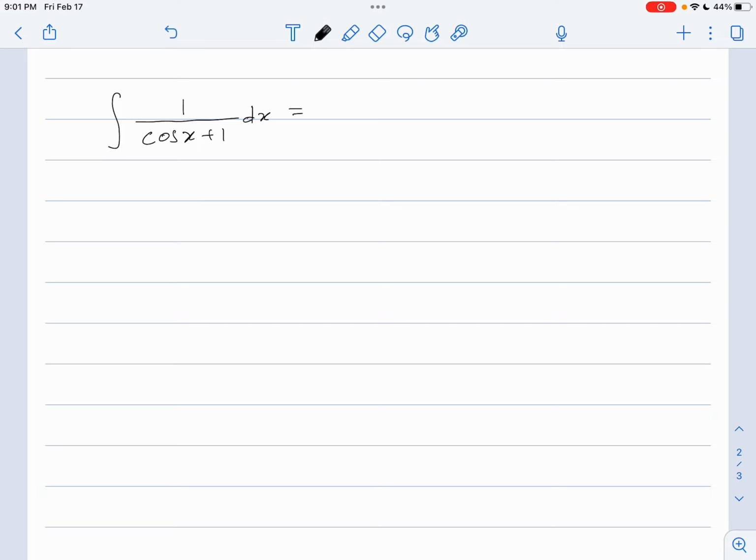So in order to bring it here, I think the best idea is to multiply the numerator and denominator by 1 minus cosine of x, or maybe negative times 1 minus cosine of x. Let's do this first before doing further manipulations.